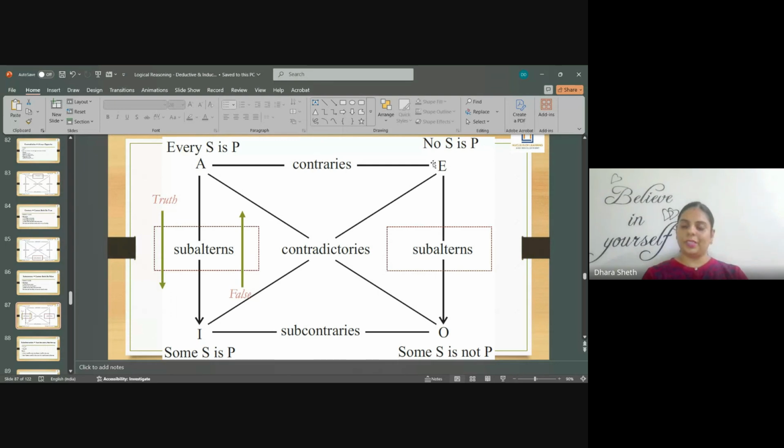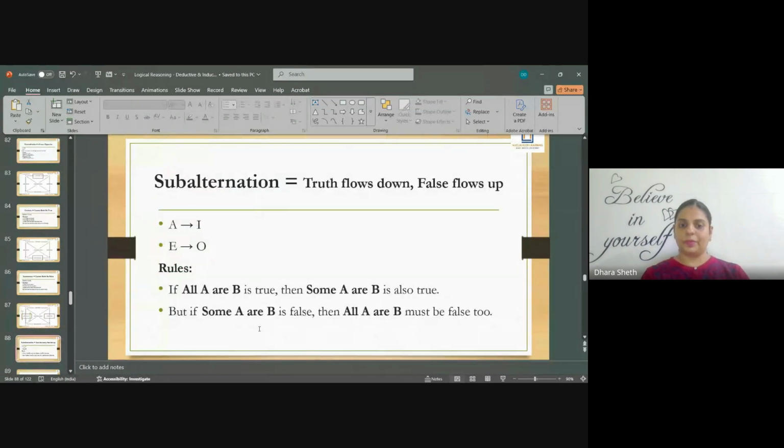Similarly here, if E is true, O is true. If O is false, then E is false. I'll show you the example. If all A are B is true, then some A are B is also true. But if some A are B is false, then all A are B must be false too. Truth flows down, false flows up.